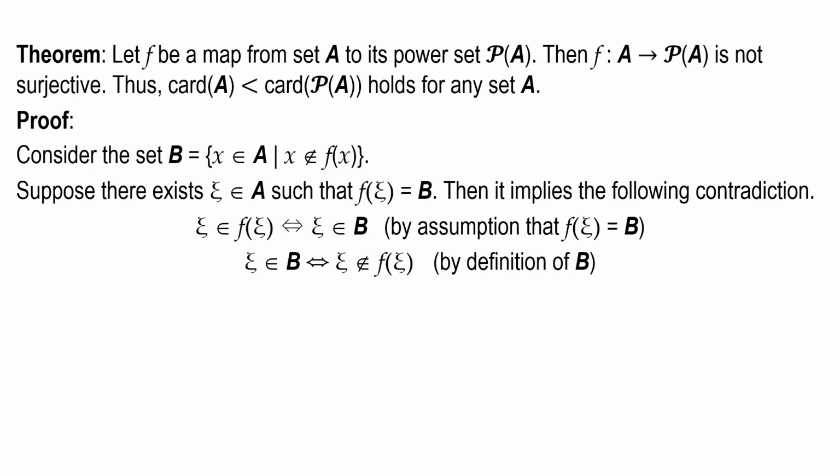Suppose there exists epsilon, which is an element of A, such that f(epsilon) equals B. Then it implies the following contradiction.